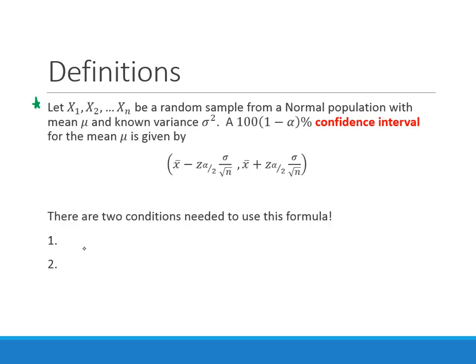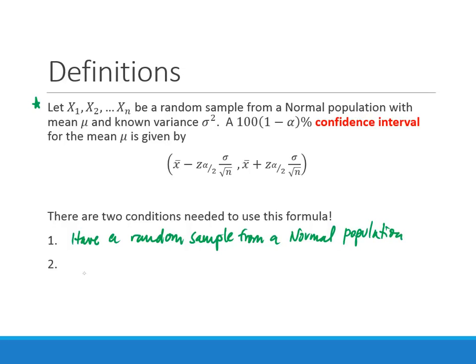The first is that I have a random sample from a normal population, and I know what sigma is.